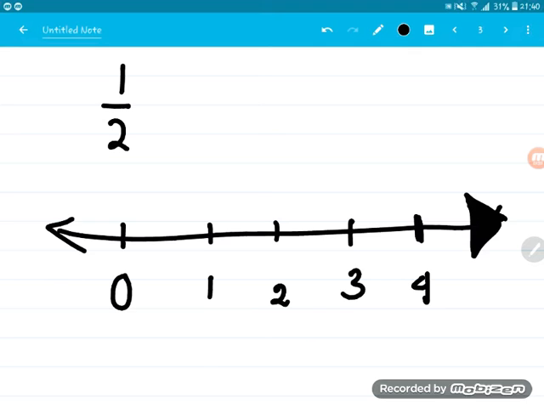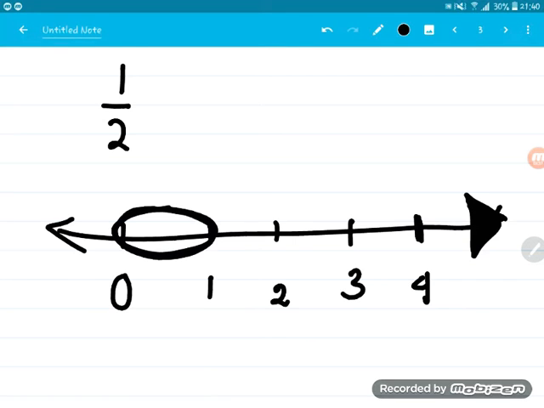So, going back to our example, which is 1/2, it is an example of a proper fraction. And always remember that proper fractions are in between 0 and 1. The value and location of proper fractions are always between 0 and 1.